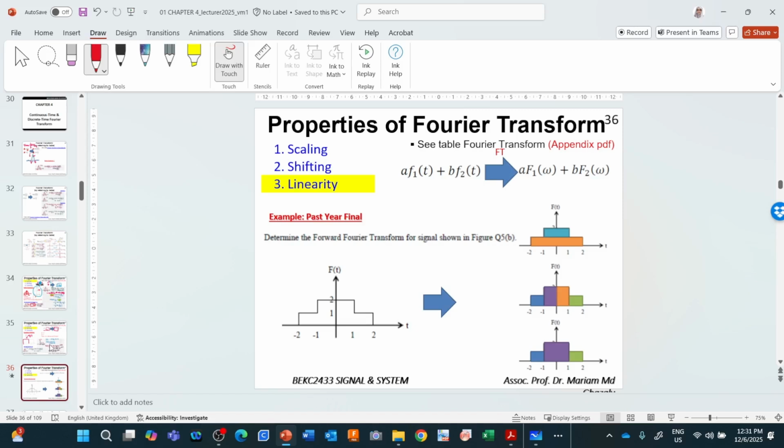There are many ways to answer it: option 1, option 2, option 3. The easiest option is by doing linearity. You know that this signal is made by adding this signal plus this signal. So you need to get the Fourier transform for the first signal, the orange signal. Then for the second signal, you get its Fourier transform. Then you add both to get F(omega).